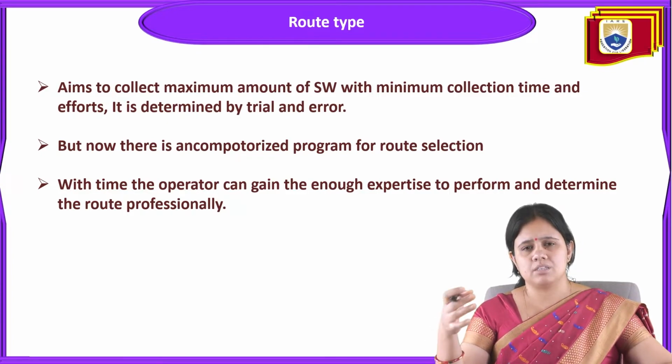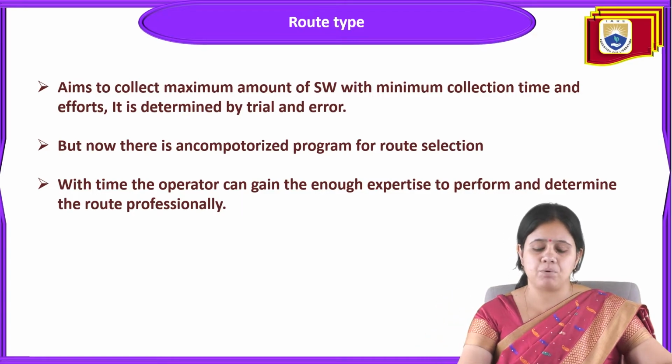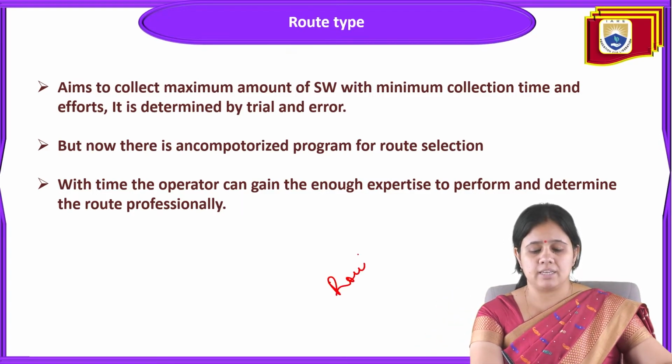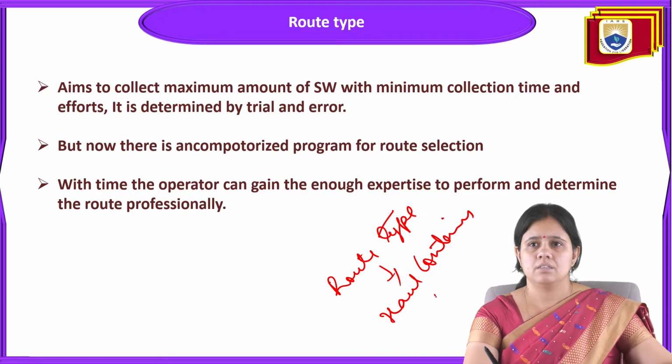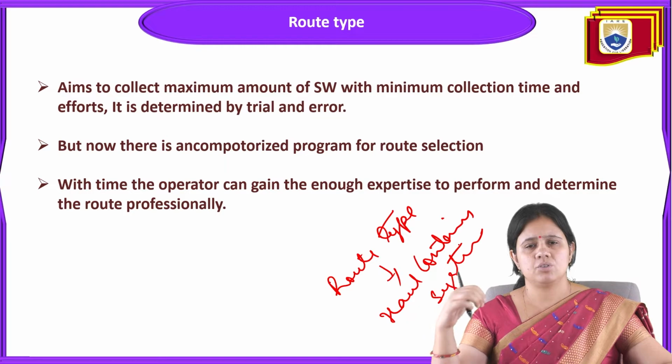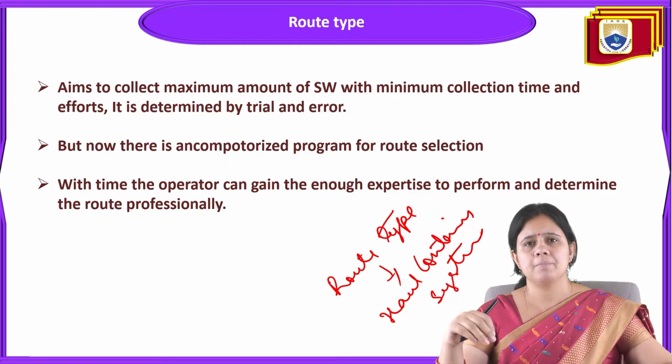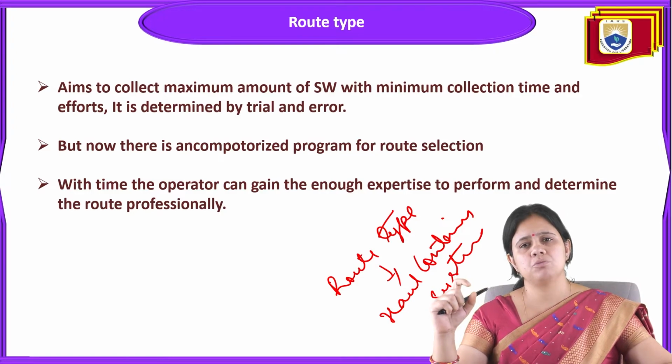So this route type is a very important factor while designing this haul container system, because we should avoid high traffic routes and high congestion routes, and mostly for this type of method highways should be preferred.